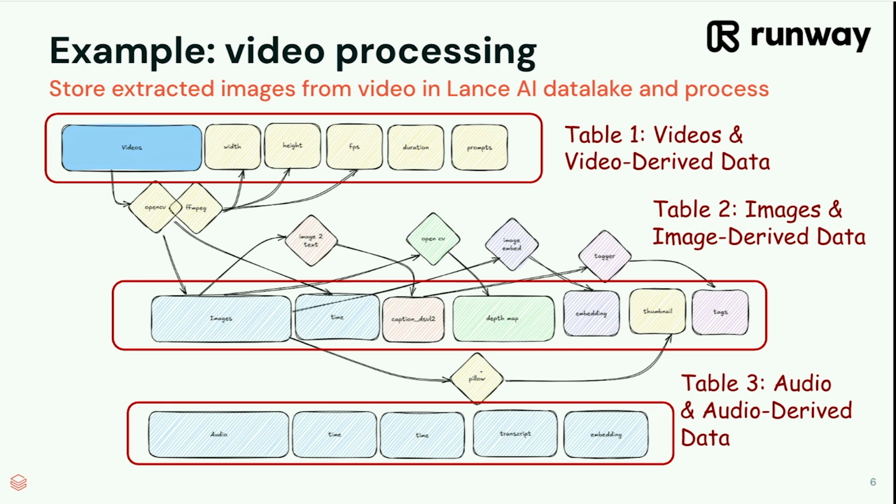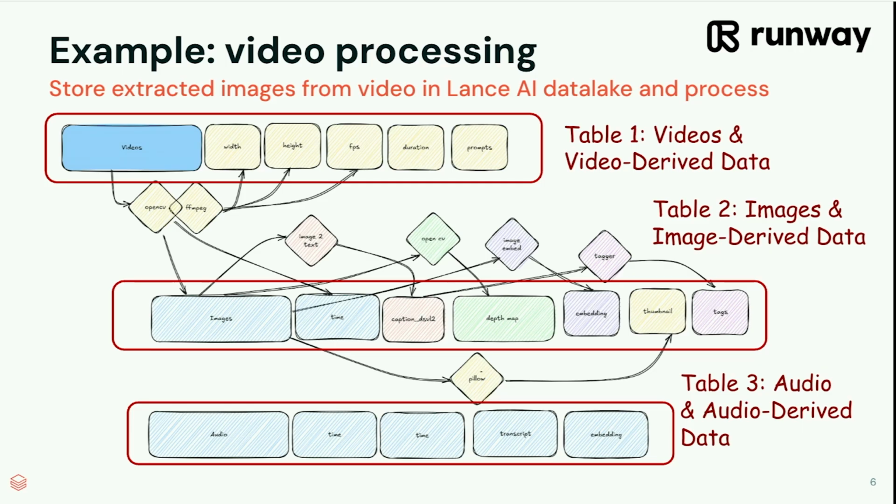And from each table, like from video, you can use the existing Python libraries to get the pattern of the video, and also maybe a summary of what this video is actually about, like some text information. And you can also use embedding models to generate embeddings and generate all kinds of information from your original multimodal data.